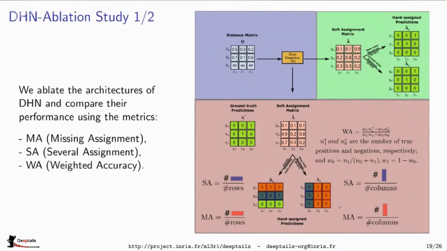And also, as in a classic classification task, we calculate the accuracy. But as I said, there are too many zeros in the target matrices. We need to balance the accuracy a little bit during the accuracy calculation. The weights are the same as we use in the focal loss function.